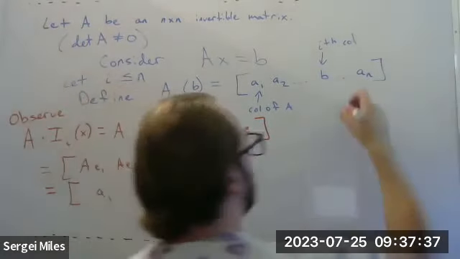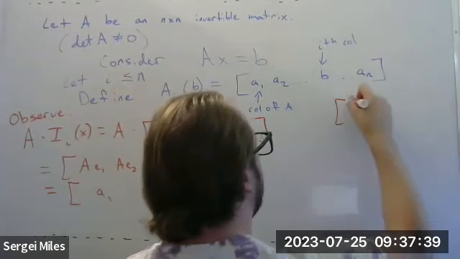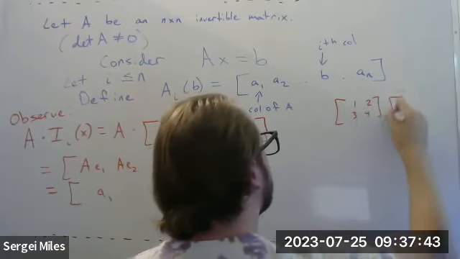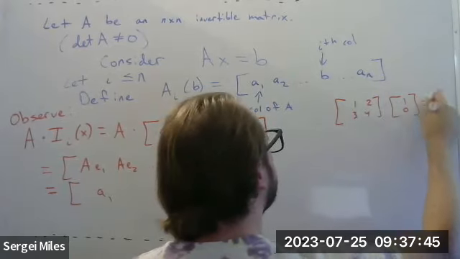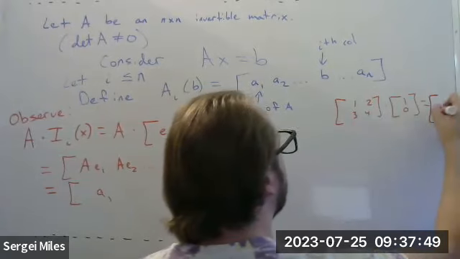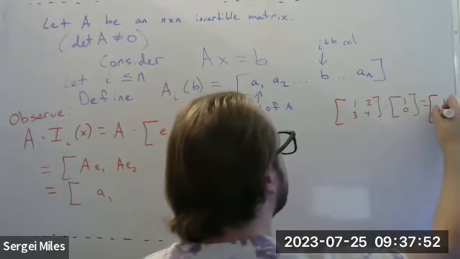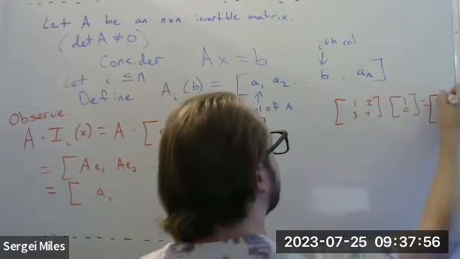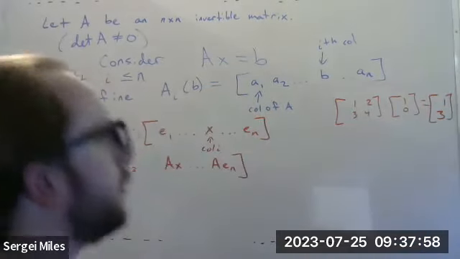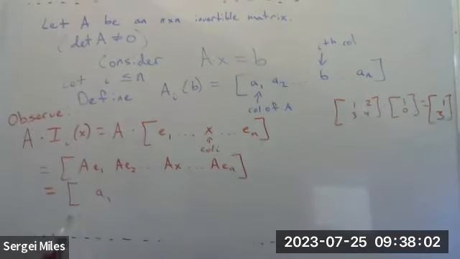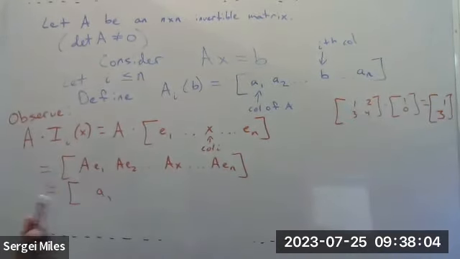Well, you can think about it over here real quick if you like. If I have 1, 2, 3, 4 times the first identity column, what does this result in? Well, if I do the dot product, we're going to have 1, and then we're going to have 3. So multiplying by the first identity column is going to give you the first column of the original matrix.